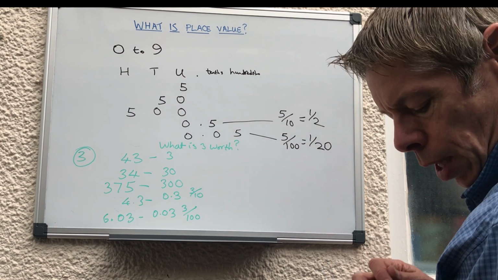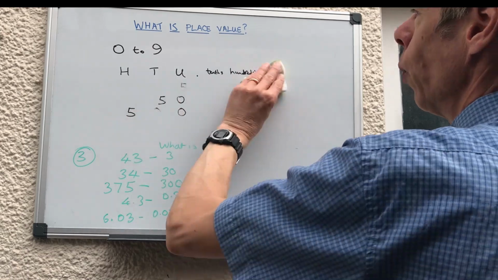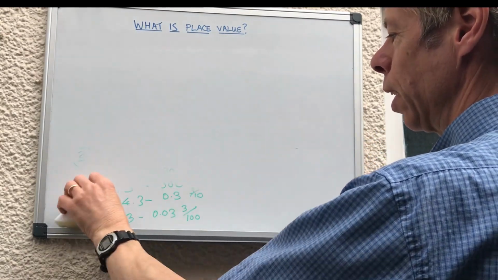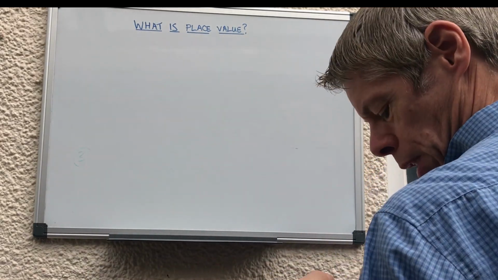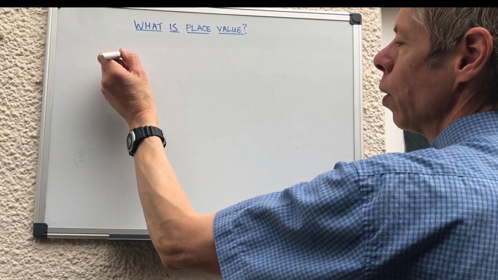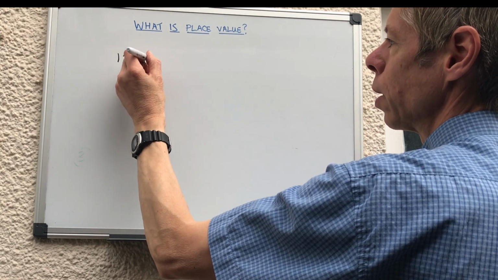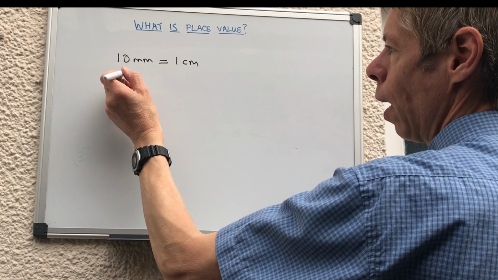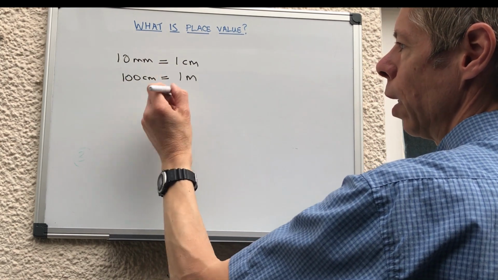So our system, which we've had for a long time, we kind of adopted it in the 80s, but we haven't fully adopted, is a decimal system. As I say, we'll talk more about this in another video, but 10 millimeters equals 1 centimeter, then we have 100 centimeters equals 1 meter.